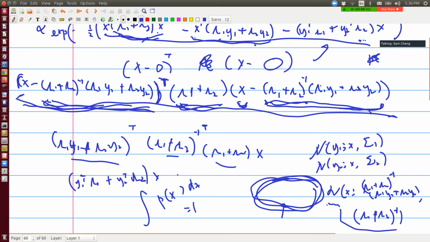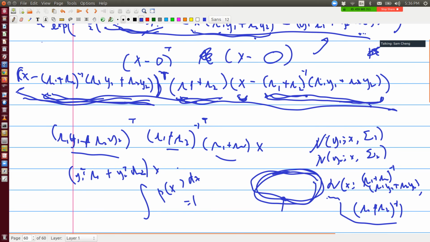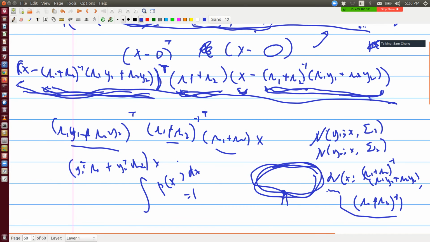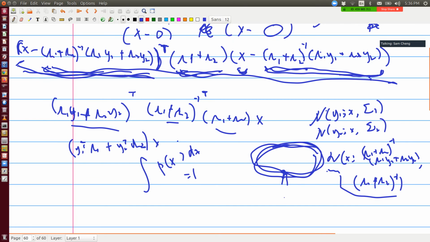You can go through the steps to find the normalization factor, but this is very tedious, so I will go for another, better way. You see this part won't depend on x.